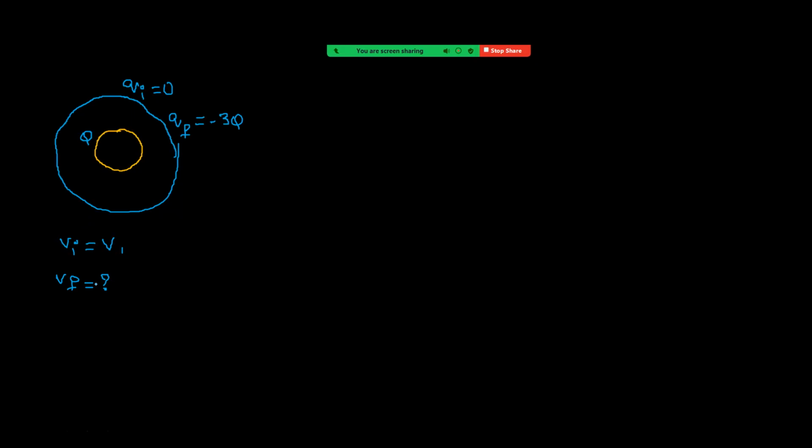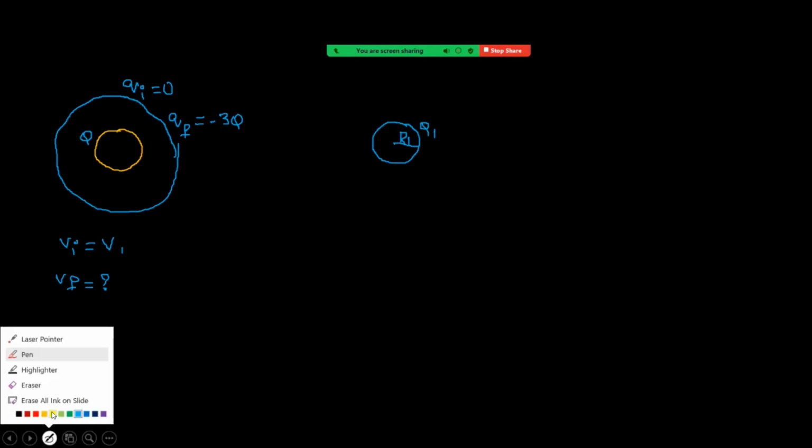Before solving this, let us solve one simple problem. Now consider one solid conductor. Radius is R1, charge Q1. Radius R1, charge is Q1.